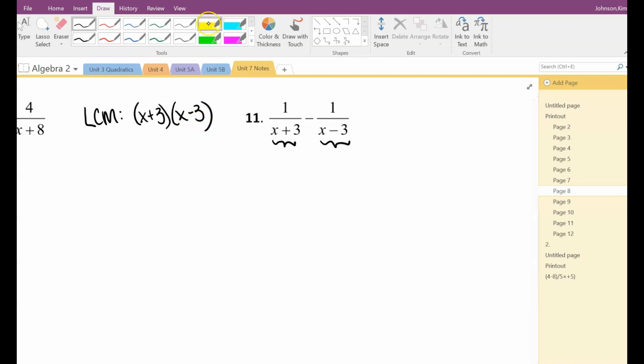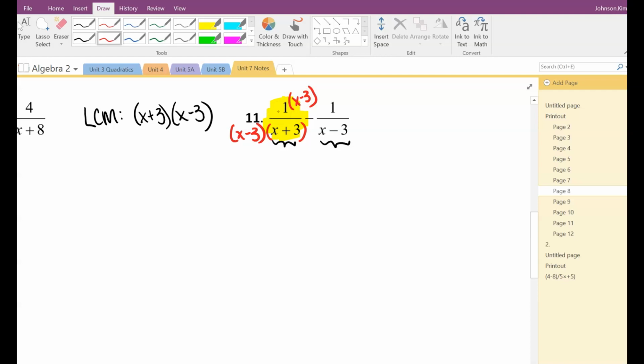Okay, so I'm going to focus on this first fraction. That first fraction needs the entire factor x minus 3. It has the x plus 3, right? But it needs x minus 3. So I'm going to multiply this first fraction by the quantity x minus 3. And you'll notice that every time I multiply an expression by a constant, so an expression being x minus 3, a constant being 1, I always put it behind the constant.